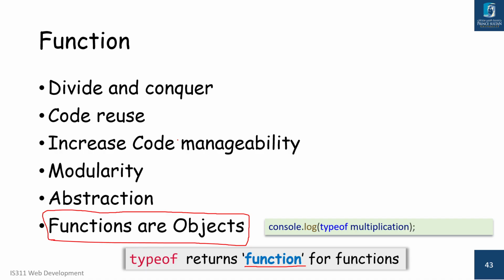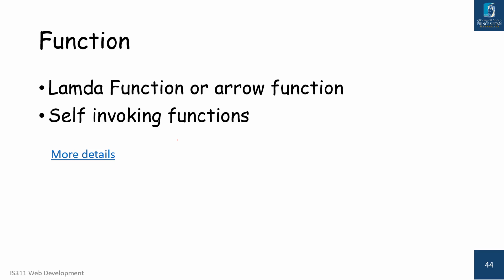Okay. And then we also have lambda functions, or arrow functions. So we can write something like this. For example, we have some parameters a and b, and then I can just write a plus b. It will take two parameters, and then it is going to return the sum of these two values.